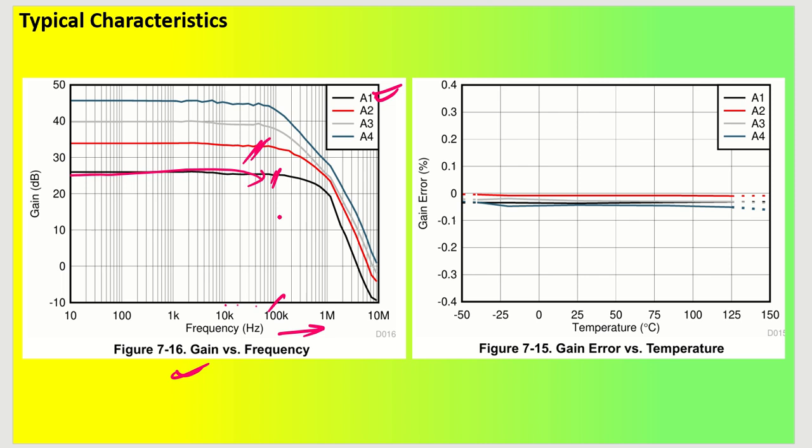So this is how you are getting it. Okay, similar to that, for the other ones with increase in gain, you can see there is a little bit of decrease in the bandwidth, that is the frequency. Okay, and if we talk about gain error versus temperature, we also saw the values. That was very small, which is less than minus 0.1%. Okay, so as you can see, this is very small.